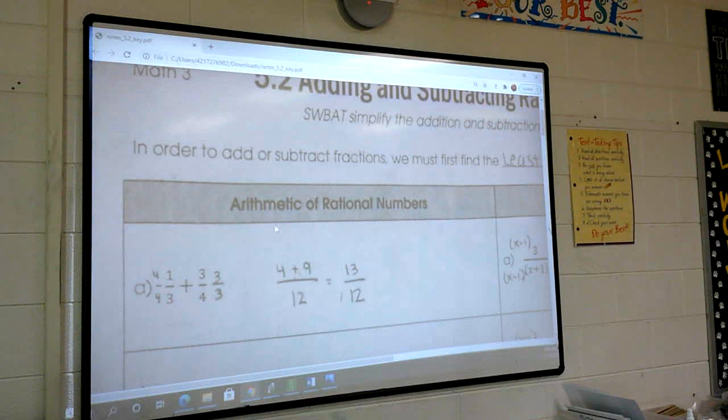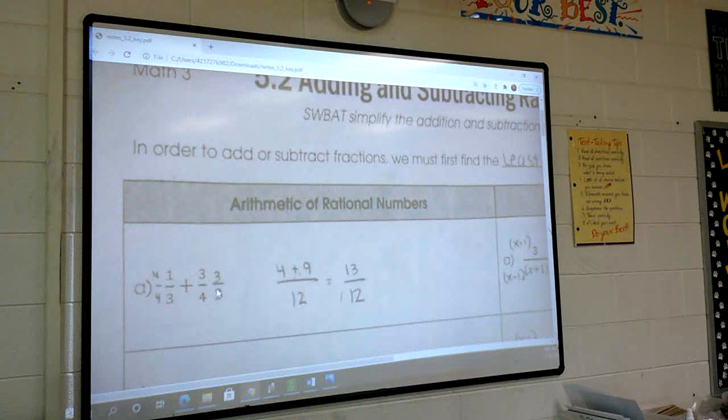So you say, okay, how do I get 3 to 12? Well, I have to multiply it by 4. So I multiply the top and the bottom by 4. And then in the other fraction, you say, how do I get the 4 to 12? Well, 4 times 3 gets you to 12. So I multiply the top and the bottom times 3. Okay?